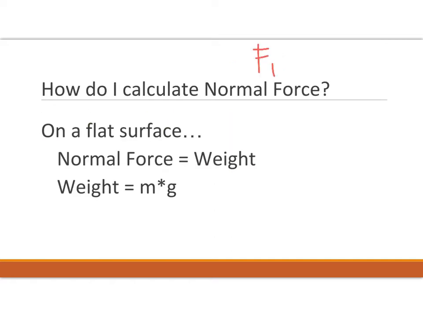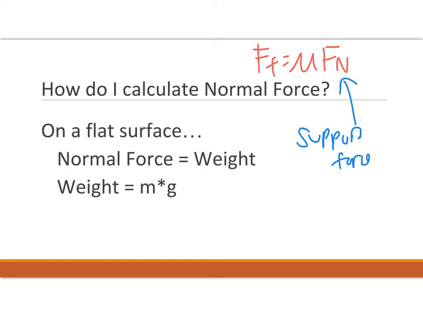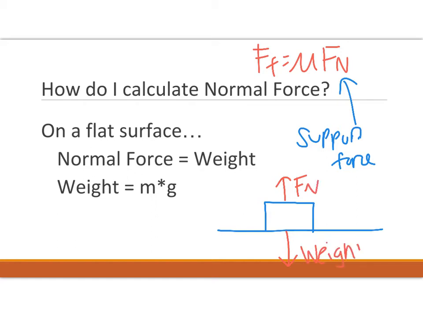Now, we're talking about force of friction. We have force normal, and we've talked about force normal. Force normal is my support force. So, when something is sitting on something else and there is no angle, my force normal is equal to my weight.